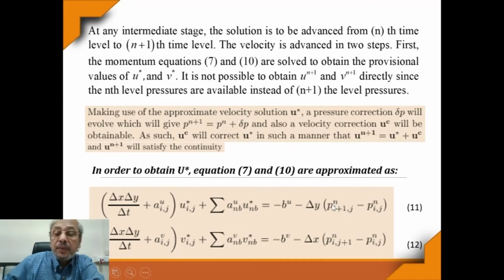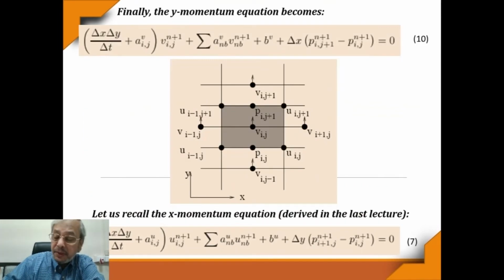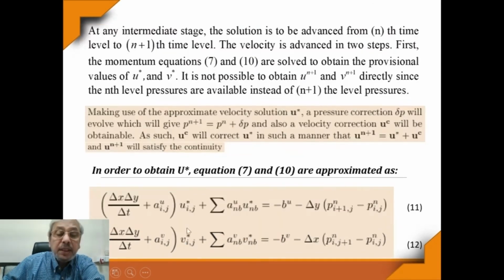And if we subtract equation 11 from equation 7, everywhere with uij, ui plus 1j, ui minus 1j, we will get the difference between level n plus 1 and star.